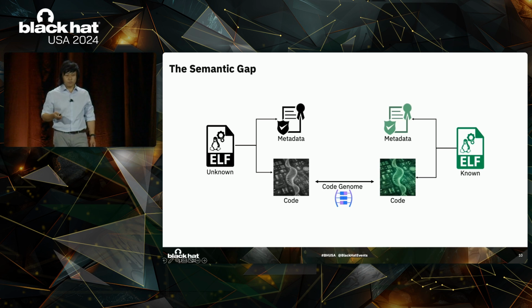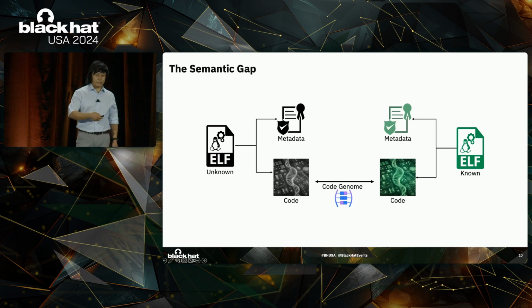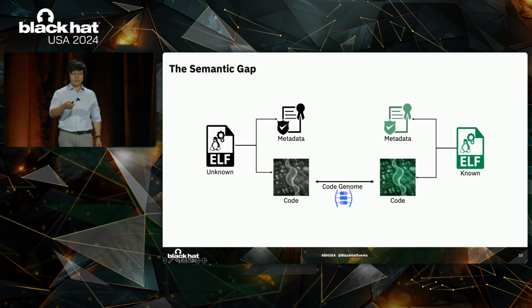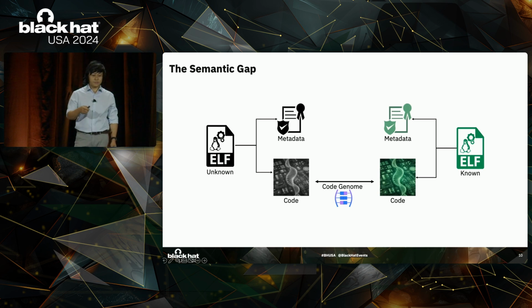The Code Genome Framework allows us to extract a semantically meaningful fingerprint from this code that we're calling Code Genome. And then we can compare these genes, and if they all match, what that means is these two codes are functionally similar. So with that, we can also extrapolate that the metadata that is coming from the trusted code can be applied to this unknown code that just came in, right? So that's the high-level idea.